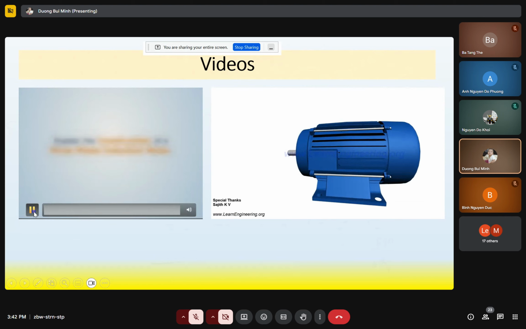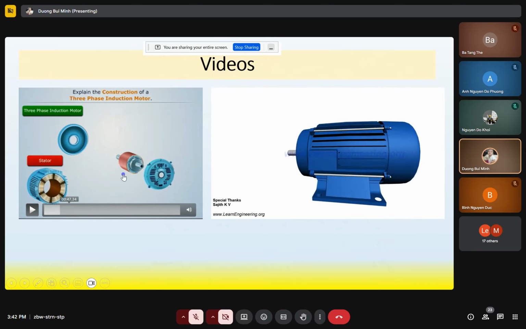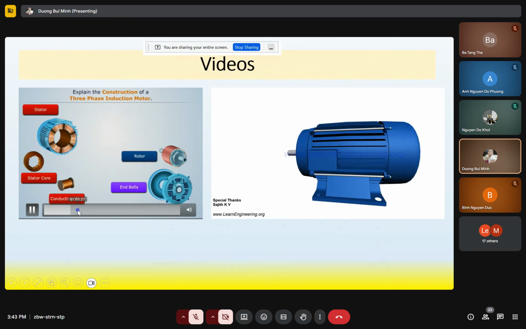So now, look. This is the stator. This is a squirrel cage rotor. This is the stator winding.